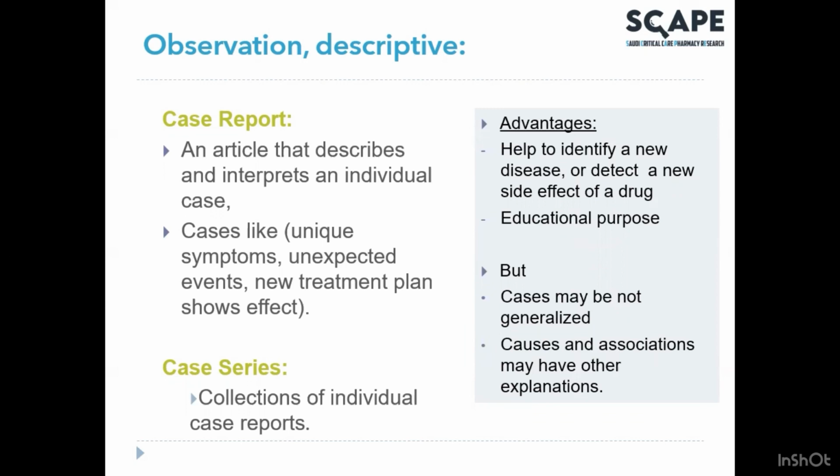While a case series is a collection of case reports. So if I have a very rare case report here and a similar one in another institution and a third one in another institution, then I might collect these three cases and make a case series out of them.